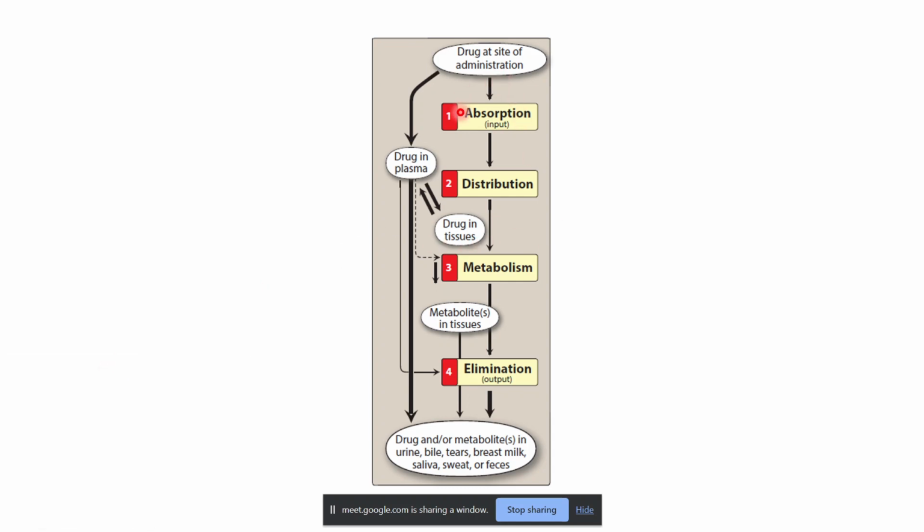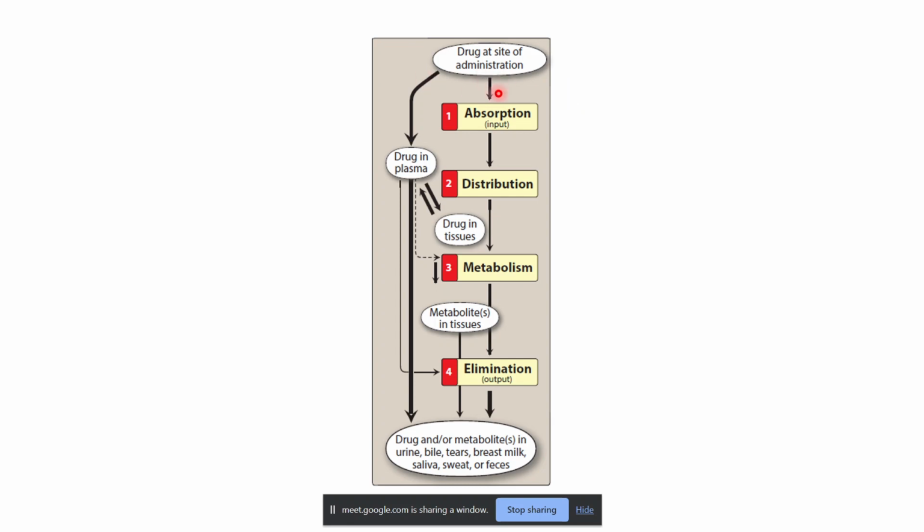These four stages can be very fast or very slow depending on the type of the drug, the different routes of administration, and also the type of the body.